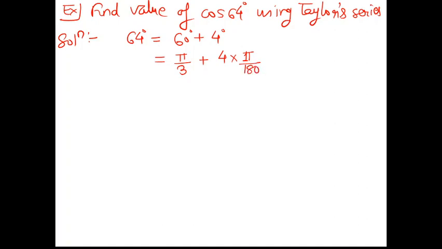And the value of pi by 180 in radian is 0.01745. This is the value of 1 degree.